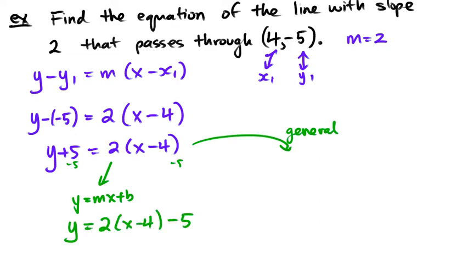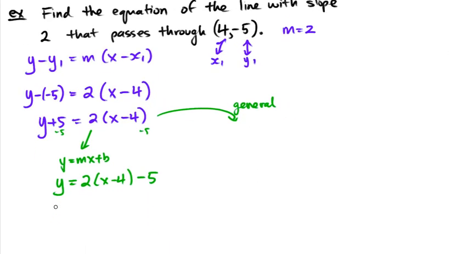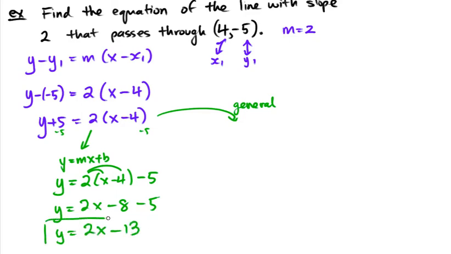That becomes y equals 2x minus 8 if I distribute this, and y equals 2x minus 13. And now I have it in the form y equals mx plus b, and it's fairly easy to graph if I wanted to graph this.